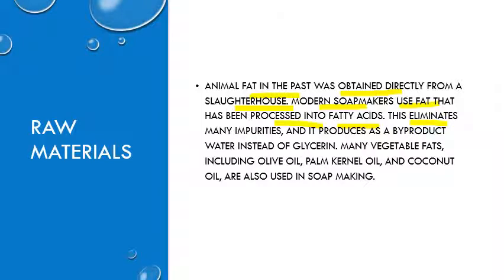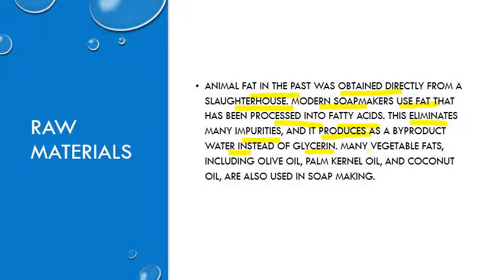This eliminates many impurities and produces water as a byproduct instead of glycerine. If we use the fat directly, we have the byproduct glycerin. But if we process the fat into fatty acids, we have the byproduct water.